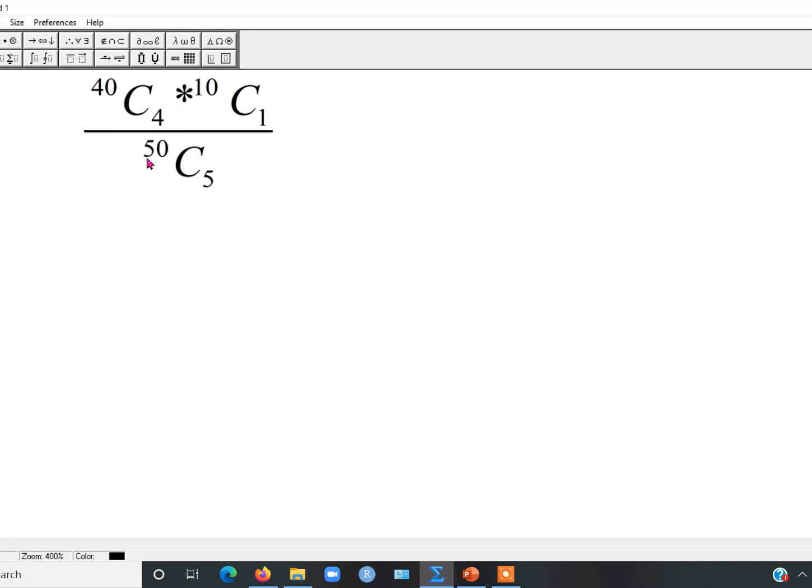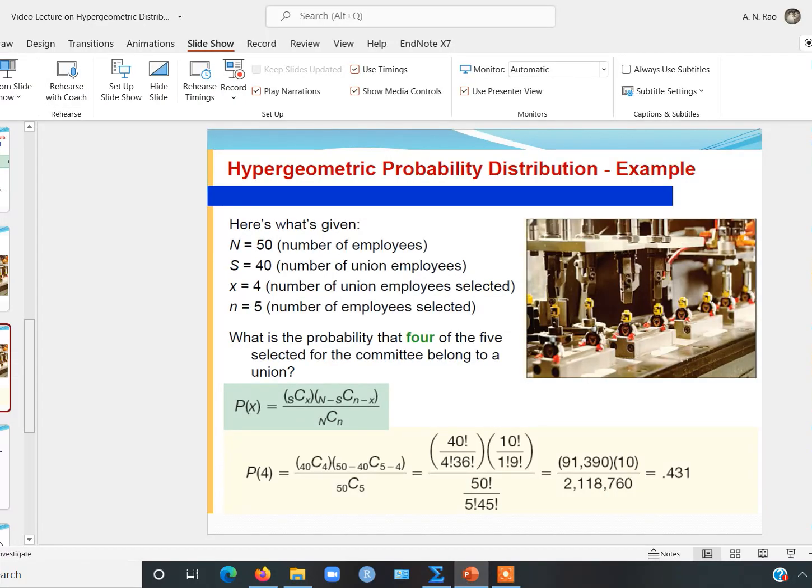In the denominator I am not partitioning the sample, whereas in the numerator I am partitioning the same sample of 5 individuals into two types. 4 belong to the union, 1 doesn't belong. So it is necessary that if you add the upper indices in the numerator, it equals the upper index in the denominator, and similarly the lower index sum is equal to this value 5.